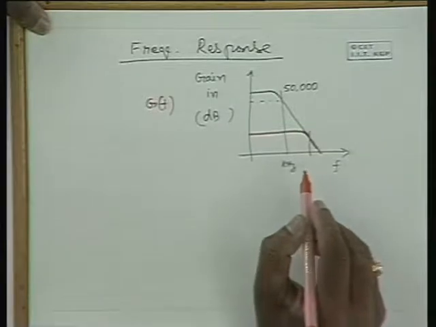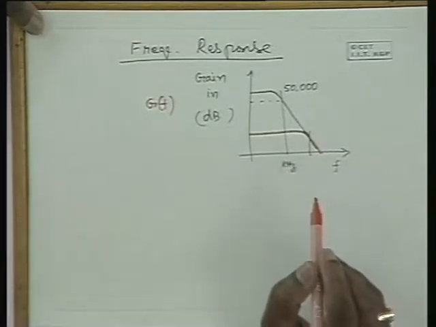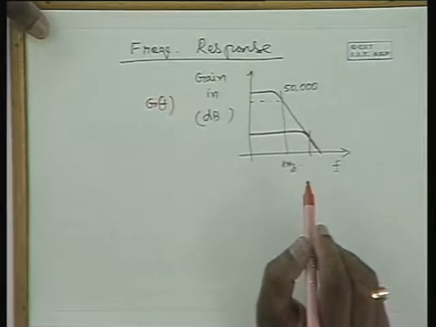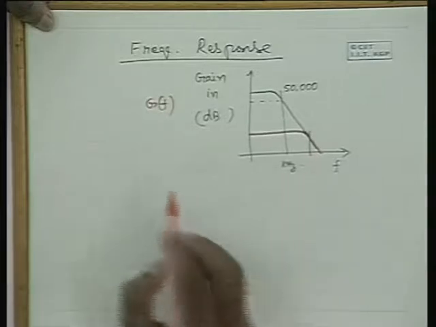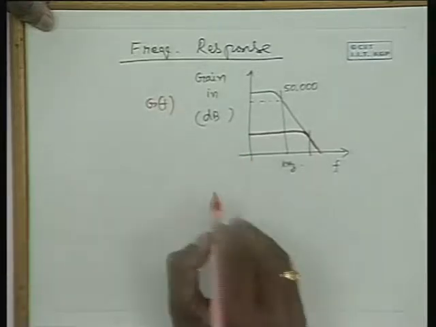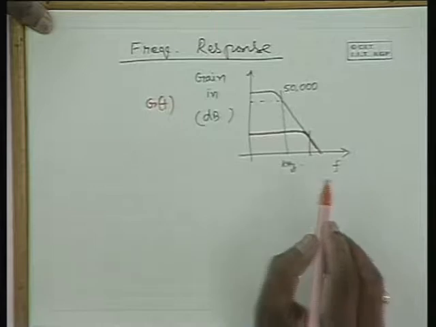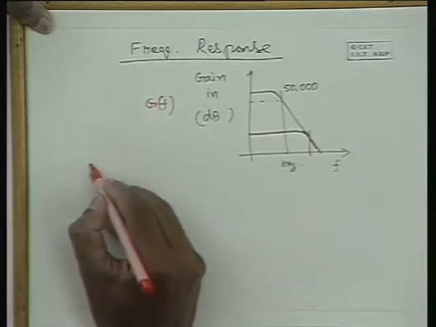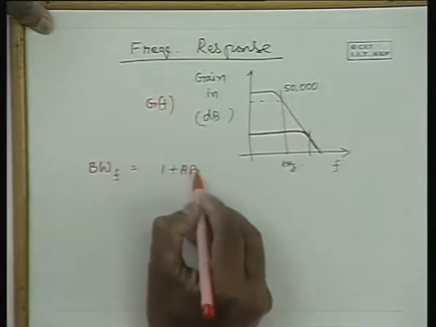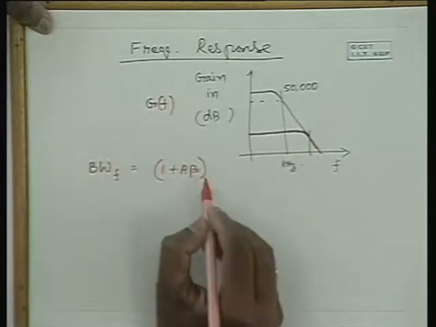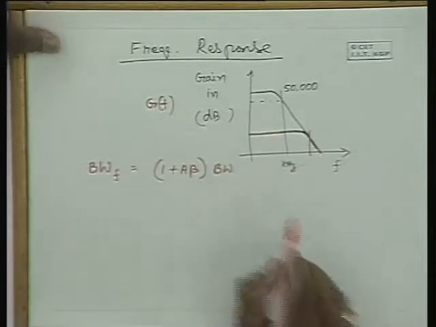While discussing feedback amplifiers, we have seen that the bandwidth increases with feedback by an amount equal to 1 plus A beta. Hence when you use an operational amplifier in feedback configuration, the bandwidth increases. So the bandwidth with feedback is equal to 1 plus A beta times the bandwidth without feedback in a typical amplifier.